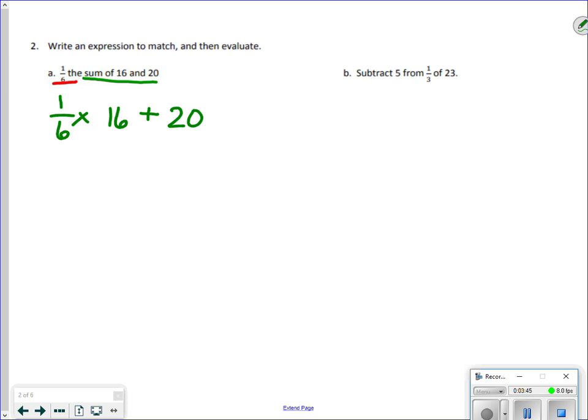Or it's 1/6 of 16 and 20? Yes. Yeah, so it's there because it told me it's 1/6 of the sum of those 2 numbers. Oh, yeah, okay. I'm remembering now. I get it. Oh, yeah. So now it's telling you to evaluate. Now you've got to solve it.